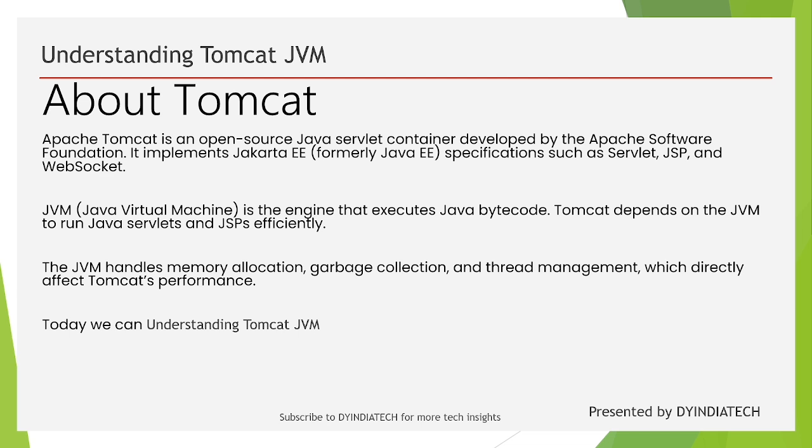The JVM, Java Virtual Machine, is the engine that executes Java bytecode. Tomcat depends on the JVM to run Java servlets and JSP efficiently. Java handles memory allocation, garbage collection, and state management, which directly affect Tomcat performance.